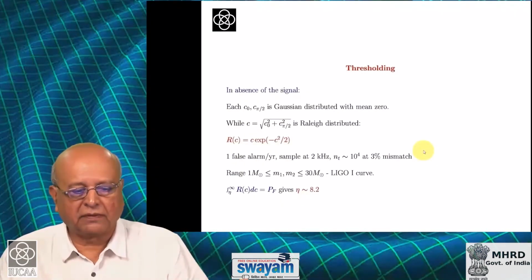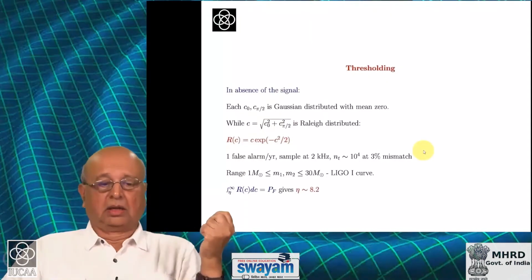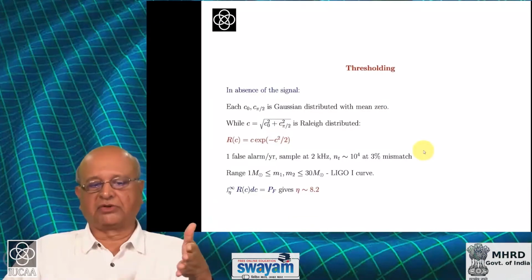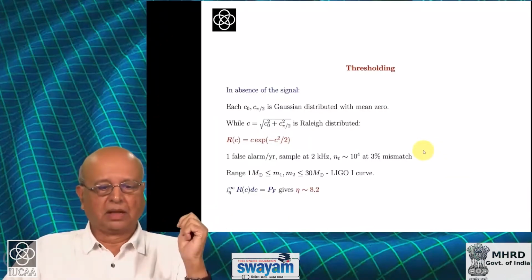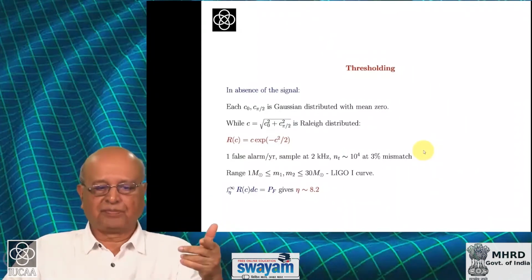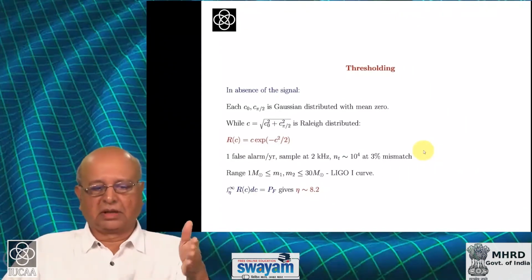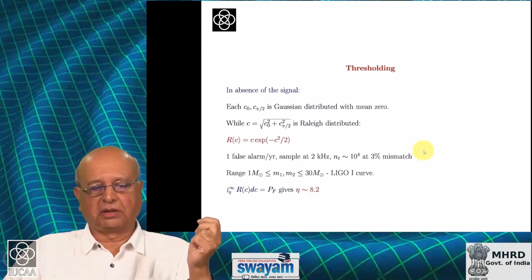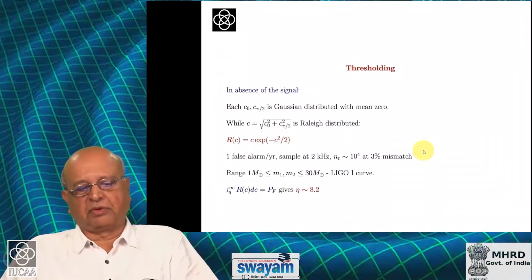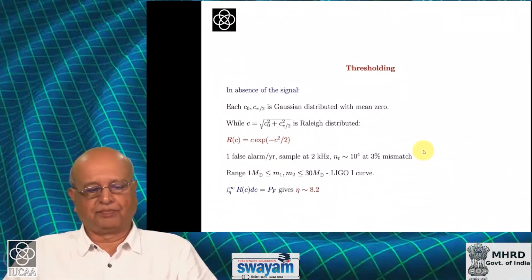Now, thresholding. Now you come to the statistics. If you are in Gaussian noise, C naught and C pi by 2 are Gaussian distributed with mean 0. If you take just the noise, in the absence of a signal, then C is Rayleigh distributed, and the Rayleigh distribution is given by C into exponential of minus C squared over 2.